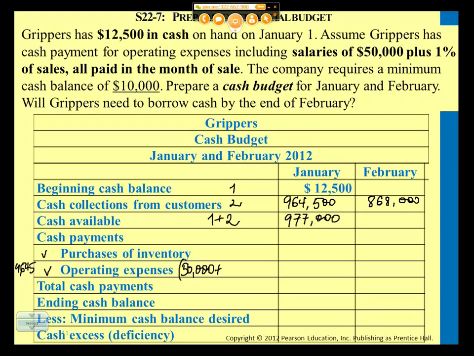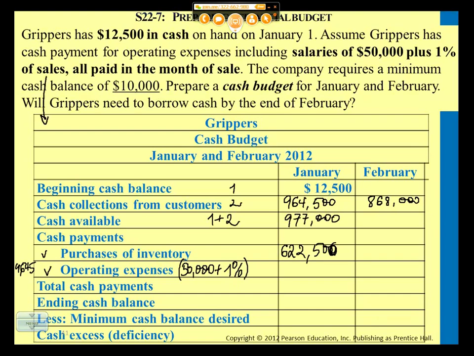Okay, I'm going to give you this, because we don't have all the numbers. So this is 622,500. Oh, I'm sorry. Okay, and the operating expense is 50,000 plus 1%. So I'll give you that sales number.